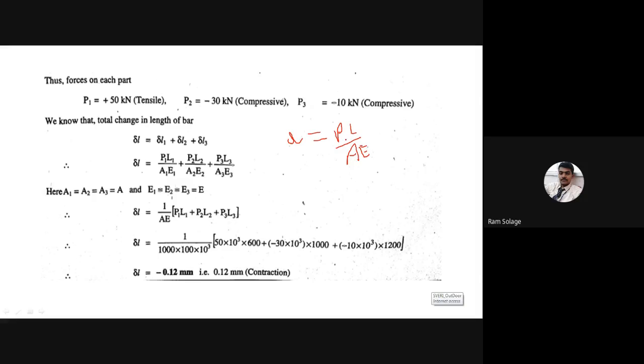So in this problem P1 will be different, so at the time of calculation I will put the value P1 L1. But area and E are common in this problem. So this is the common formula.